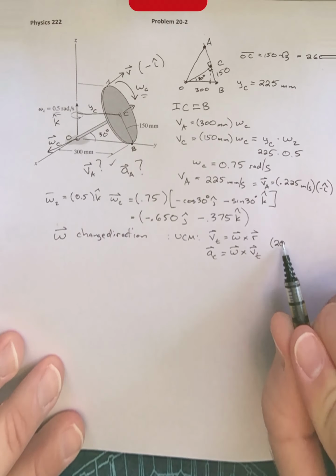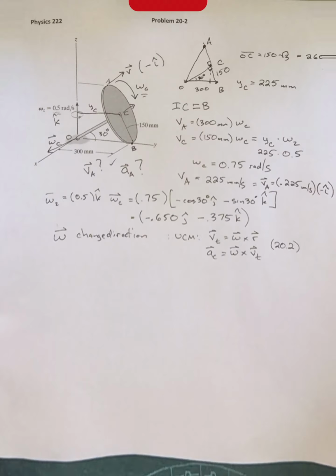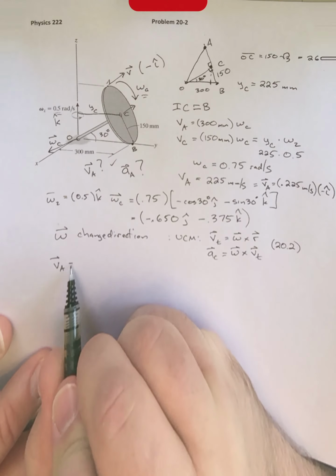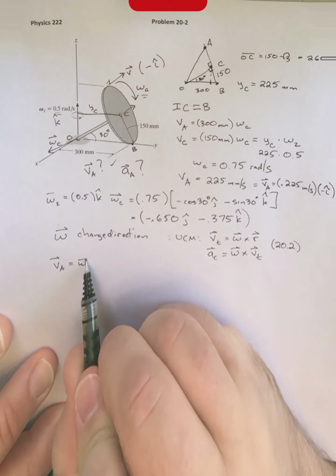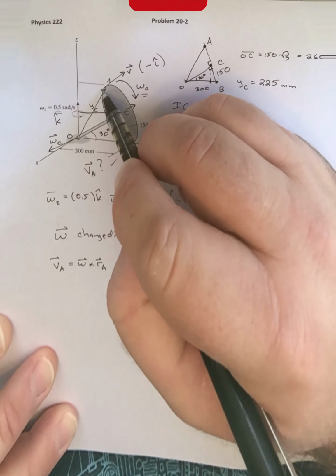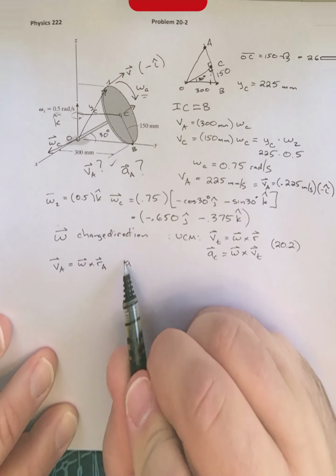And notice, finding the derivative of a given term is equivalent to just taking omega cross that term. That is something that is talked about more in section 20.2, but that gets a little bit complicated there. So when we want to similarly write down what our velocities are, we can say that the velocity of point A is equal to some omega cross RA, where RA is the vector pointing from O to A, and then we would want to write down a similar thing for our acceleration.